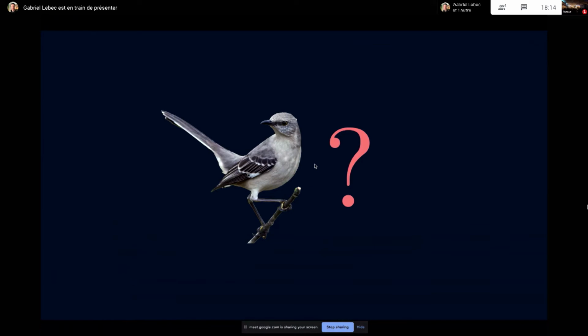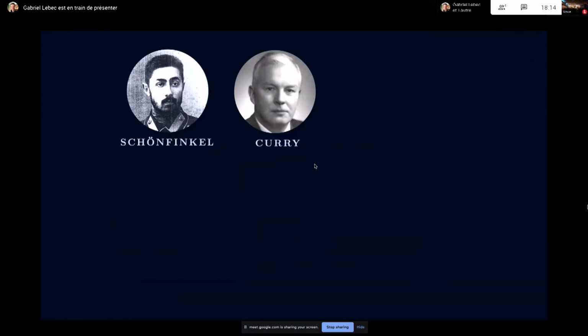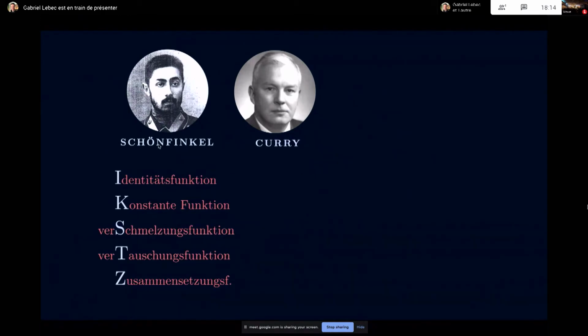And by now, some of you maybe are wondering, why are there all these birds in this presentation? Why is this called a flock of functions? Well, let's take a look. We have a brief little bit of history here, which is this mathematician named Schönfinkel, and I can't pronounce German, so I apologize for that.